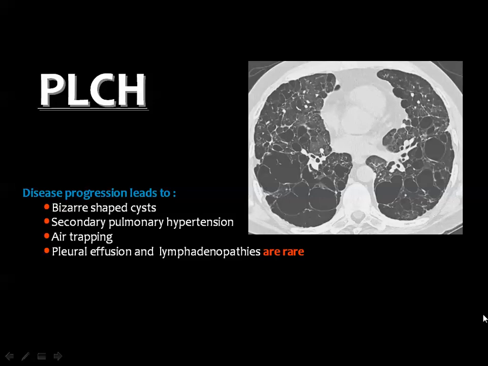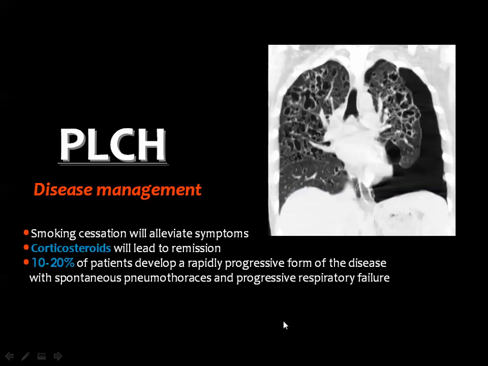This is the final stage of histiocytosis, where you get destruction of the lung with too many variable size cysts with relatively thin wall, and this appearance is difficult to be differentiated from emphysema unless you have the background and the clinical data sufficient to diagnose histiocytosis. And pleural effusion and lymphadenopathy are not features of this disease.